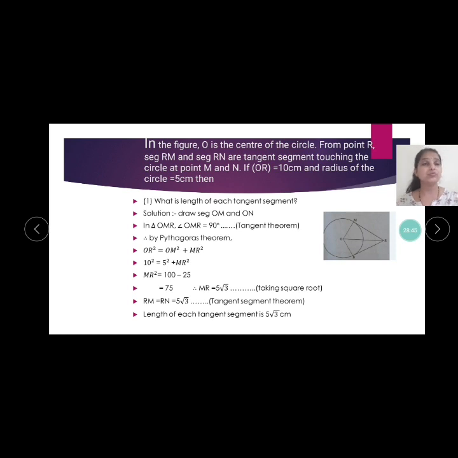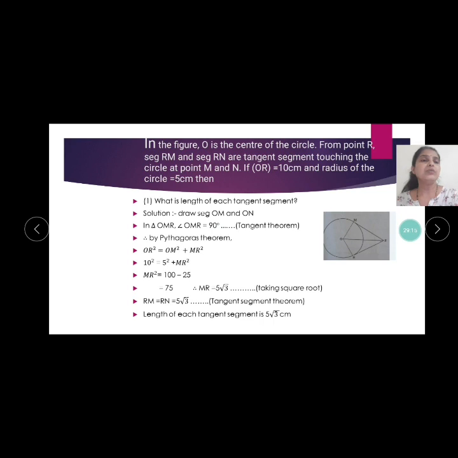I'll repeat the question one more time. In the figure, O is the center of the circle. RM and RN are the tangent segments touching the circle at points M and N respectively. Okay. If OR is 10 centimeter, the radius is 5 centimeter, we are supposed to find out the length of each tangent.